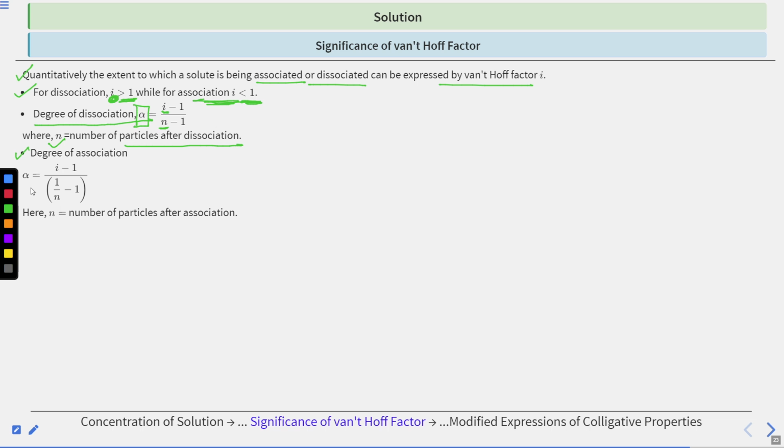The degree of association, also denoted by alpha, is (i minus 1) upon (n minus 1), where n is the number of particles after association. These are the relations by which we can find the degree of association or dissociation in terms of the Van 't Hoff factor and the number of particles after association and dissociation respectively.